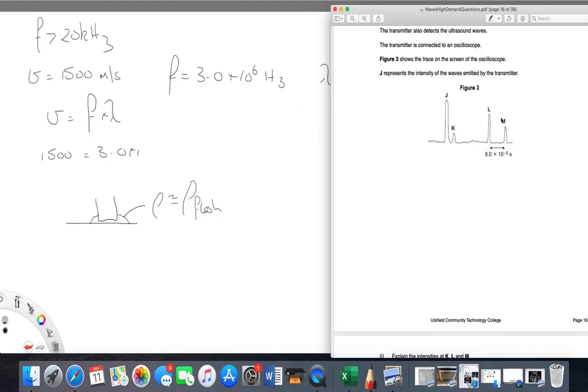So how do I explain the difference in the peaks?